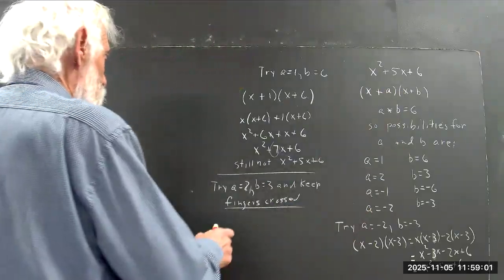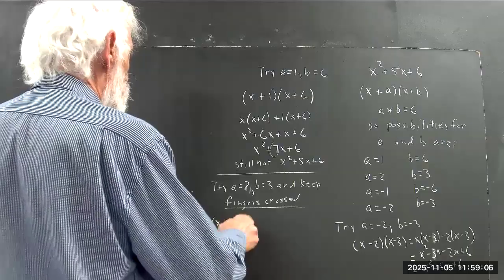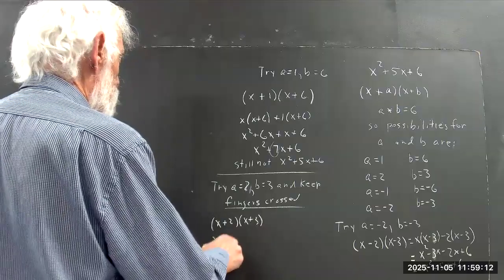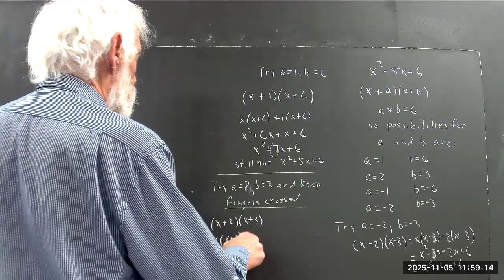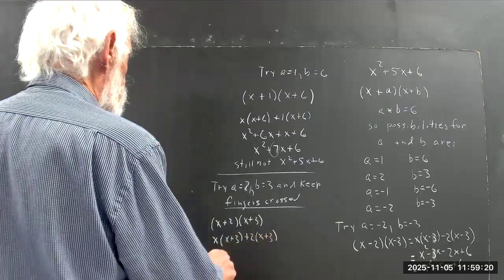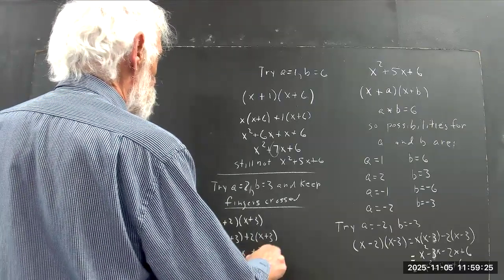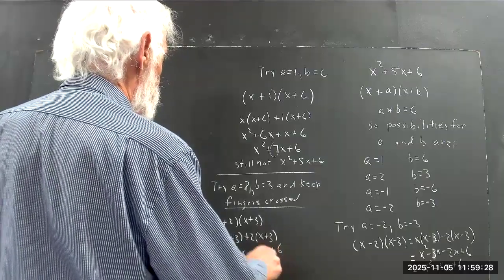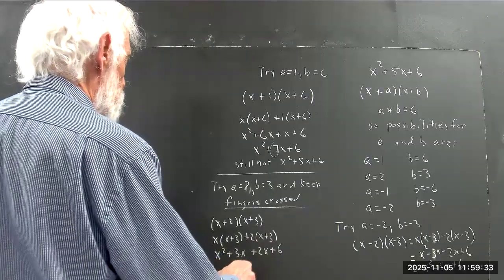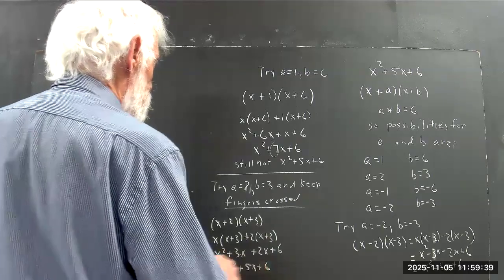Okay? So we get x plus 2 times x plus 3. And that's x times x plus 3 plus 2 times x plus 3. And that's going to be x squared plus 3x plus 2x plus 6. And if I add the 3x and the 2x, I get x squared plus 5x plus 6. And that worked.